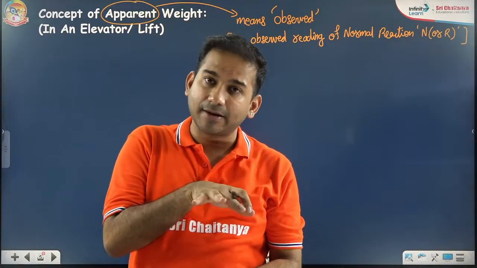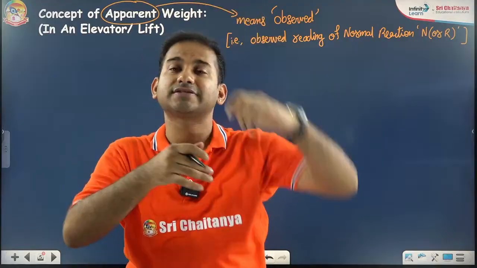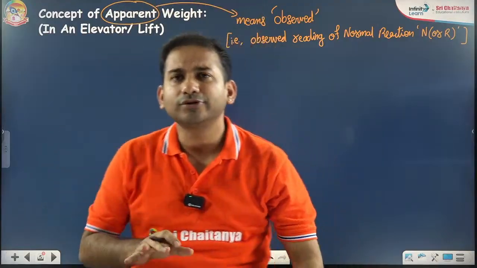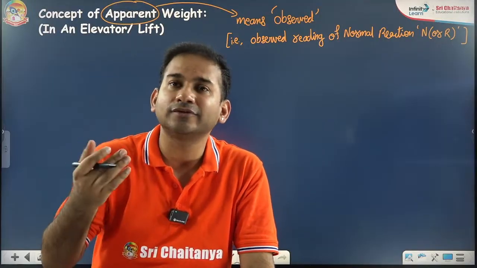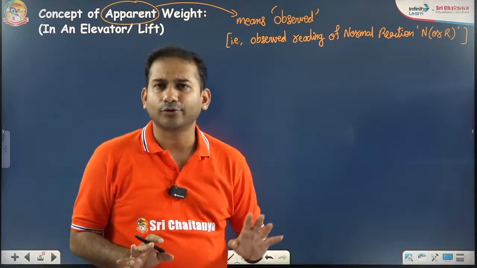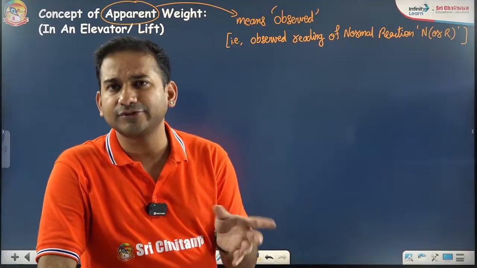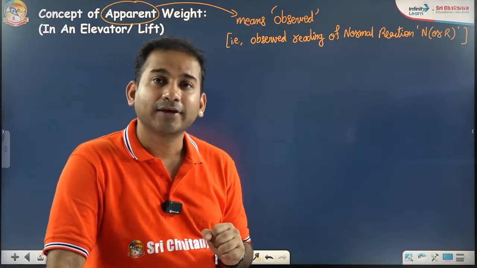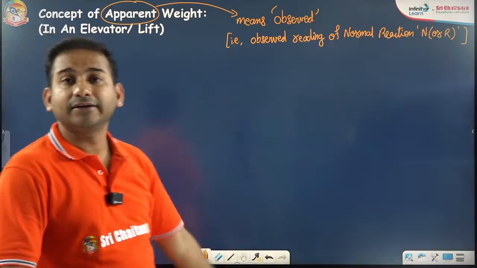So either it will be a compression in the spring below your feet or the extension in the spring above your head. In both cases, the reading of the spring or normal reaction is going to give you your weight. Because actually your mass and acceleration due to gravity, mg, are not changing. So your actual weight is not changing, but your observed weight or apparent weight changes.